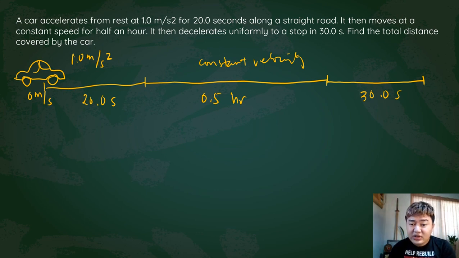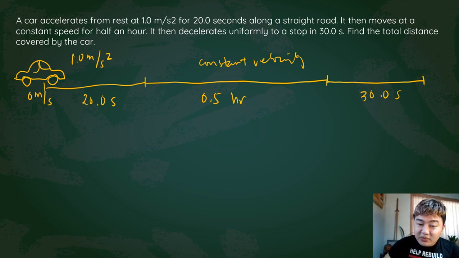And the third stage, the car is decelerating, from an initial velocity to a stop. According to our problem, our car actually stopped. So let's solve for the total distance of the car.